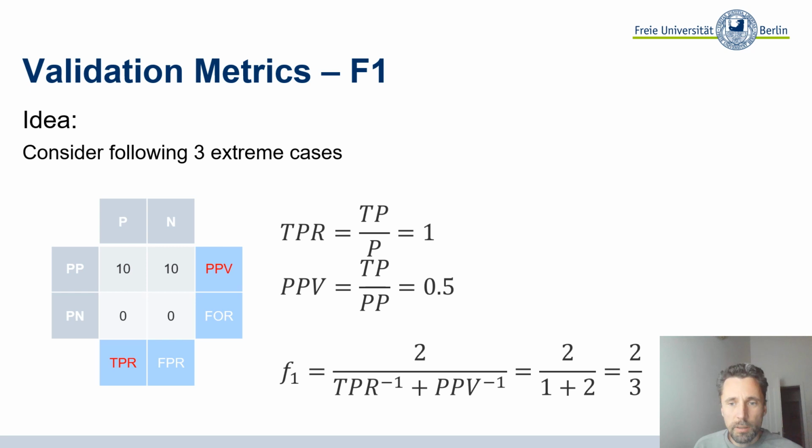And the same score results from a classifier that does this. We now have positive predictions where 50% come from P and the other 50% come from N. Anyway, if we only look at the positive samples, all of them were predicted as positive, so our sensitivity is 1, although our precision isn't good.